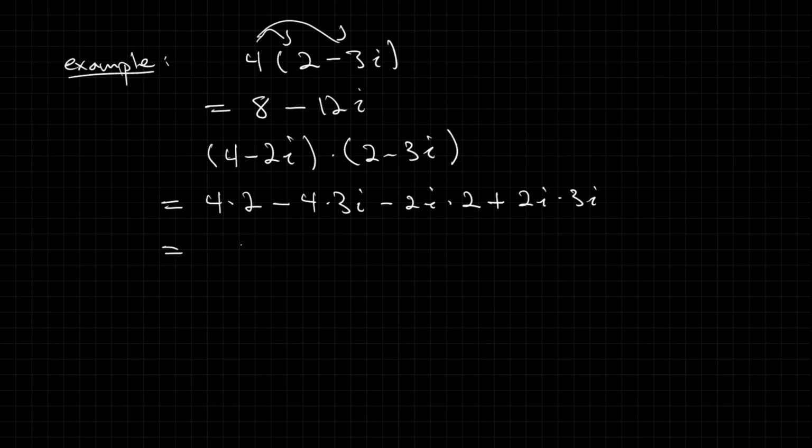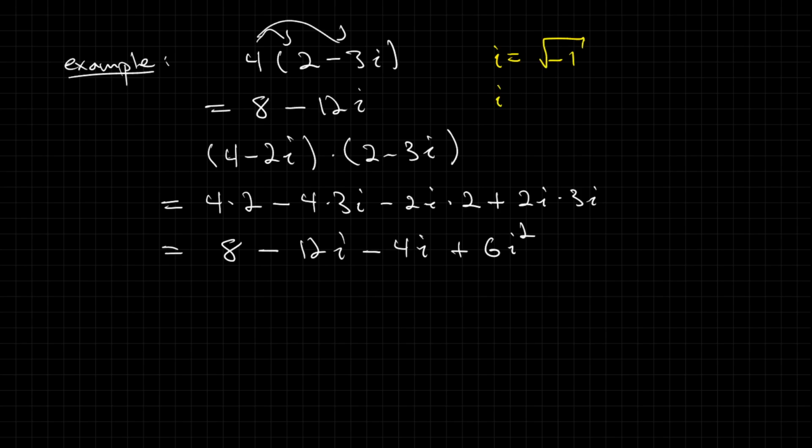Let's simplify a bit, so we get 8 minus 12i minus 4i, and then on the last term I get 6 times i squared, so plus 6i squared. Now remember the definition of i is equal to the square root of negative 1.